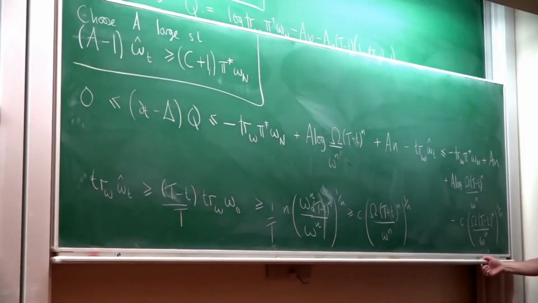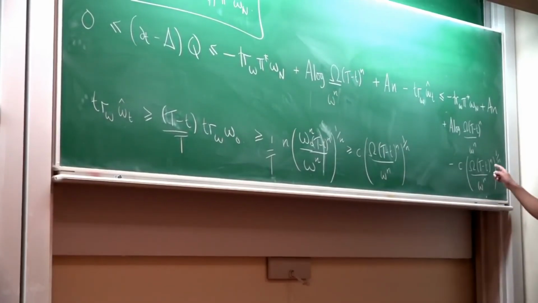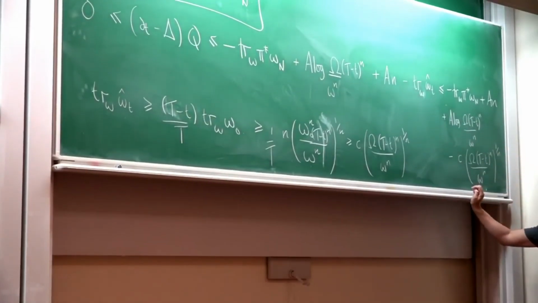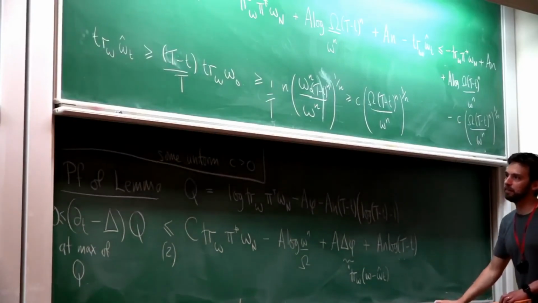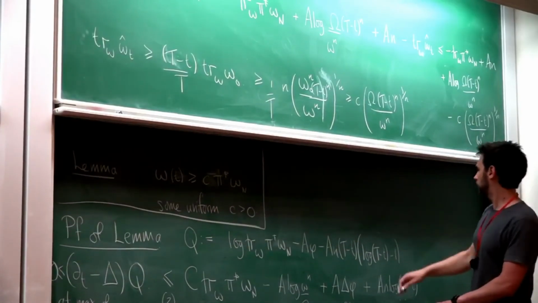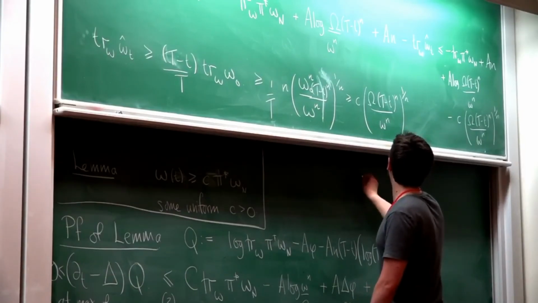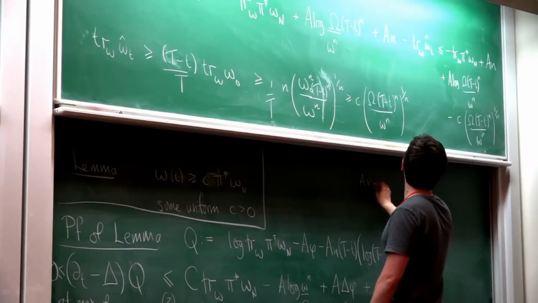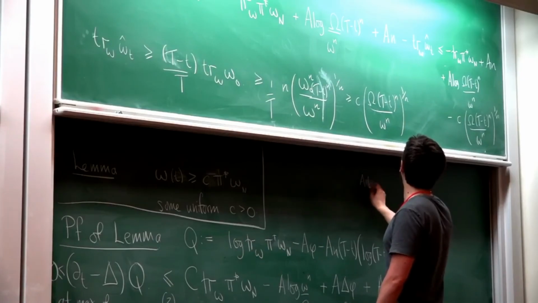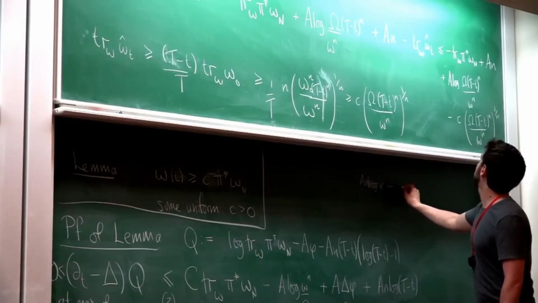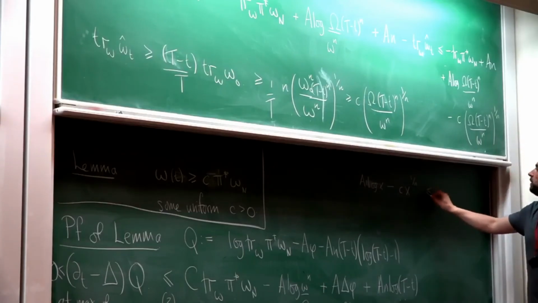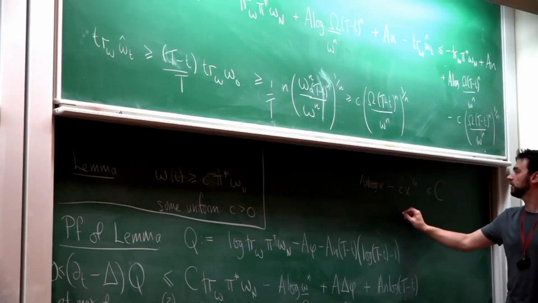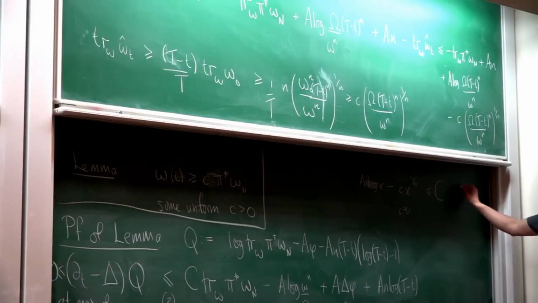Okay. And then I want to get that this thing is bounded above. But that's true because recall that the function a times log of x minus a constant c times x to the 1 over n, where c is a positive constant and x is positive, is always going to be bounded above.